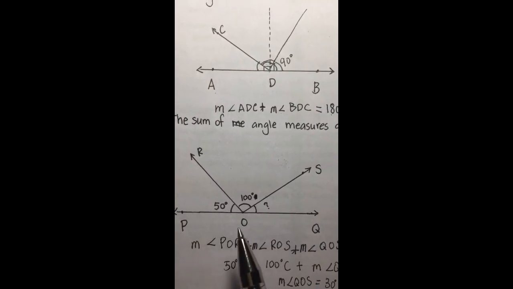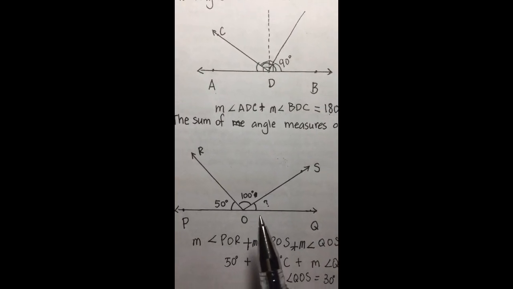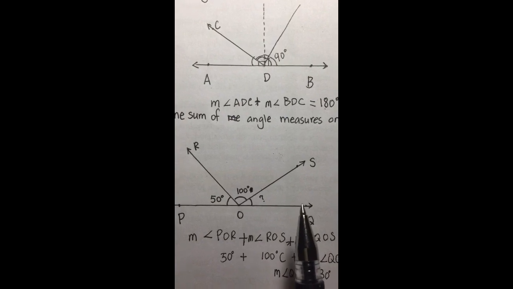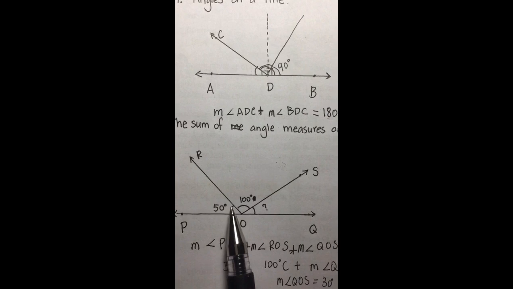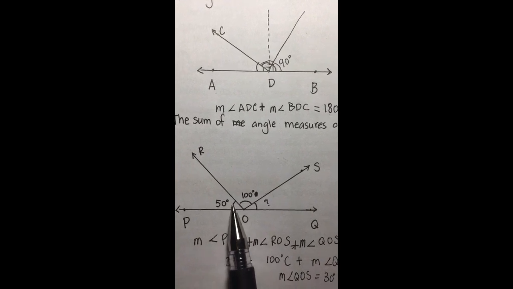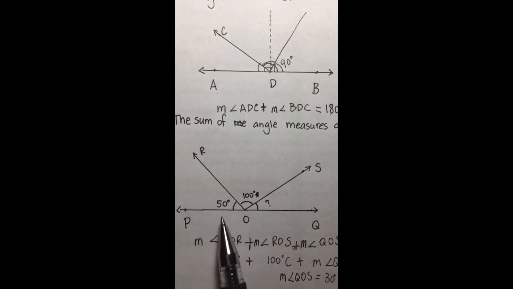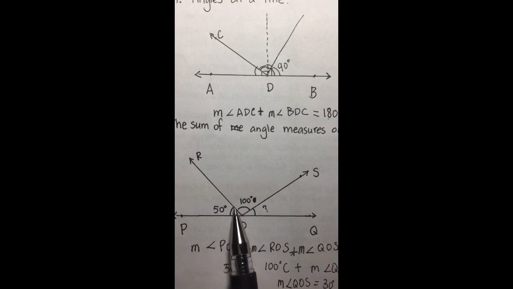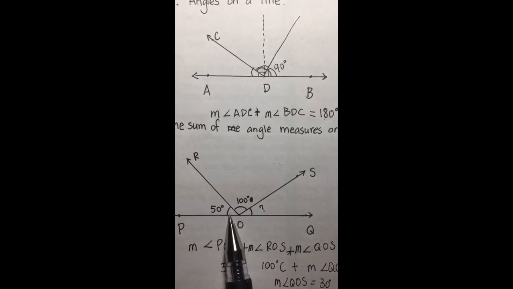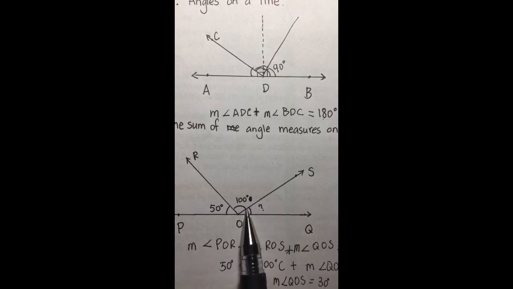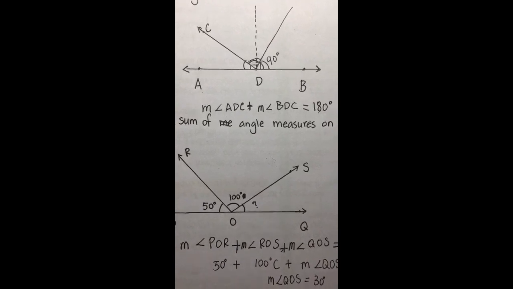The property of angles on a line is very useful. We can use it to solve many problems. Like for this one, these three angles make 180 degrees. If we know this angle is 50 degrees and this angle is 100 degrees, what is this angle?